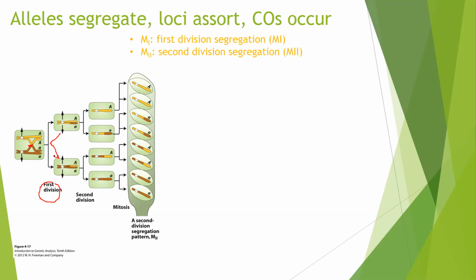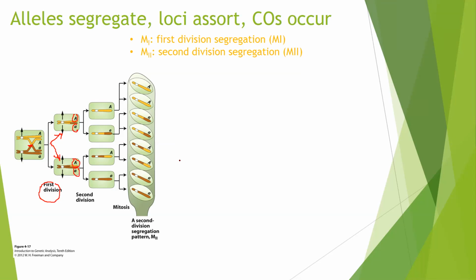No, because in each of these daughter cells, you can still see two types of alleles, right? Within this cell, there's a big A and a small a. Same thing for here, because of the crossing over. So the two alleles have not separated at this step.